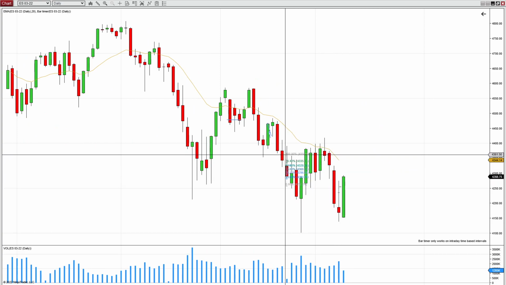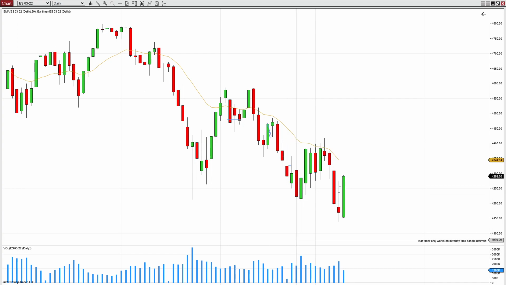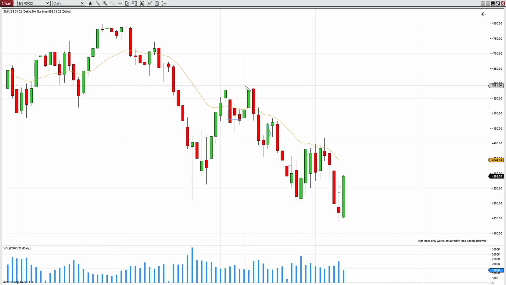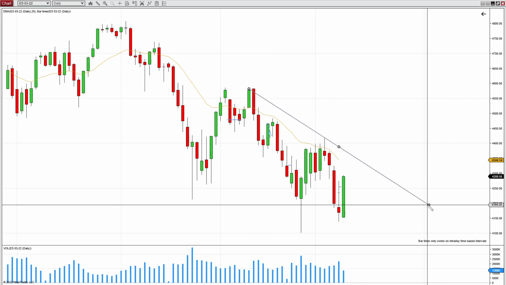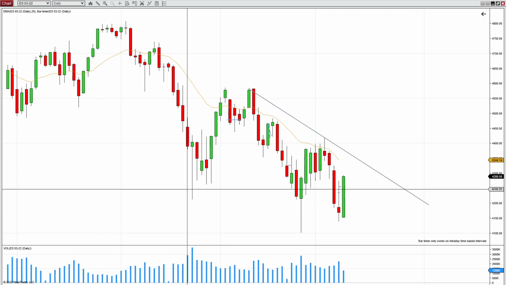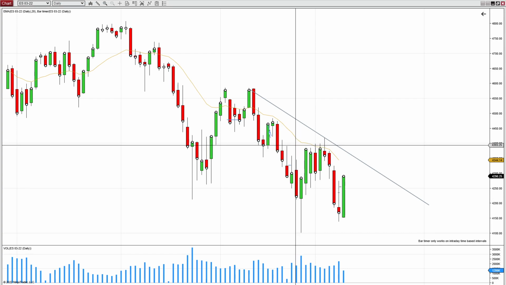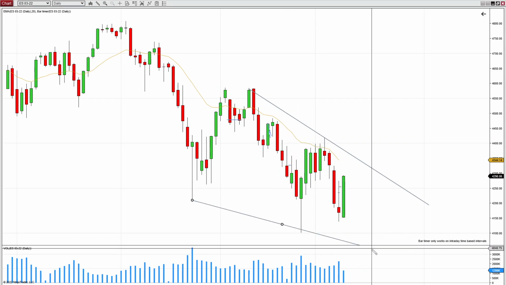I don't know. Okay, I finally deleted. So I would like to see this daily chart as a wedge, and it does show a wedge here. Okay, probably pressed the wrong key.